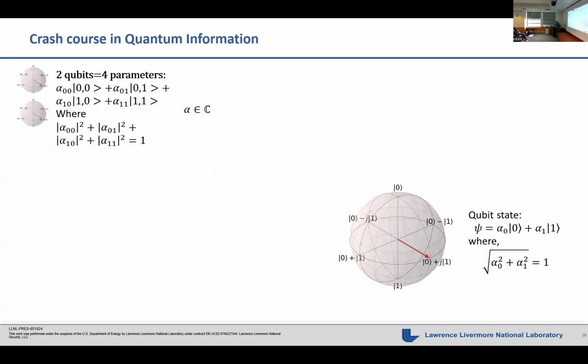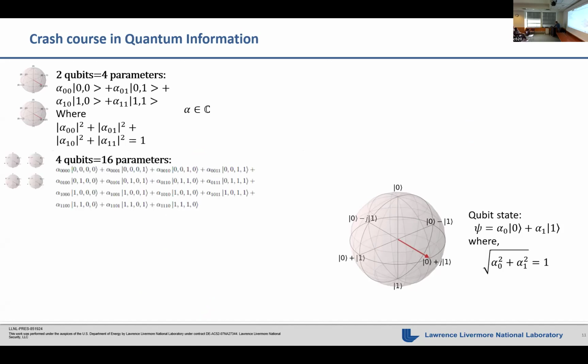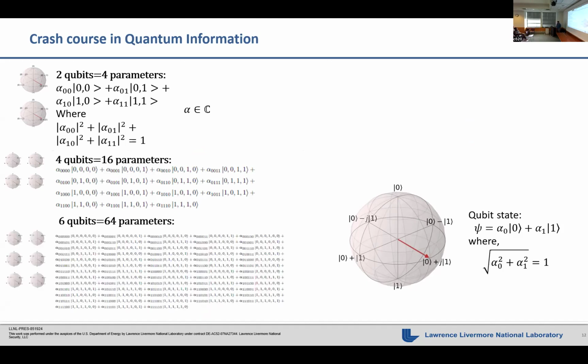If you have 2 quantum bits, it gets a little bit more complicated. You need to keep track of 4 different pieces of information. If you have 4 qubits, it takes 16 different pieces of information that you have to keep track of. And with just 6 qubits, it's 64. So you have this exponential increase in the amount of information that you have to keep track of when you have multiple qubits.